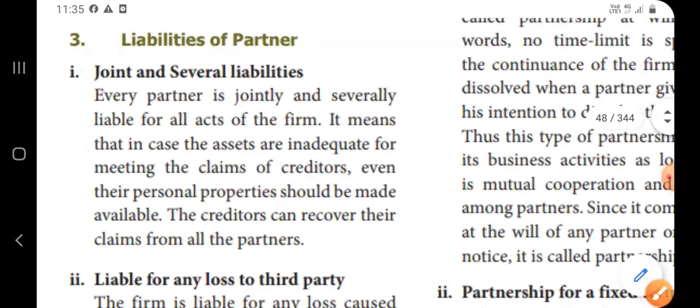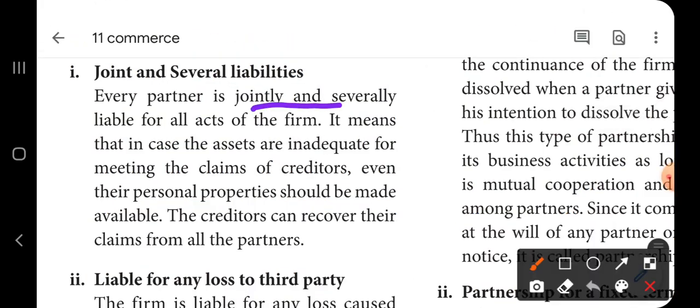Now see here, every partner is jointly and severally liable for all the acts of the firm. It means that in case the assets are inadequate for meeting the claims of creditors, even their personal property should be made available. The creditors can recover their claims from all the partners.